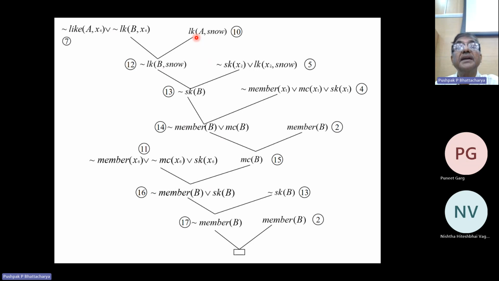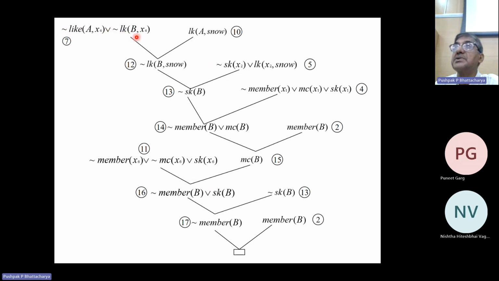So see here, like A snow and not like A X4 or not like B X4 are resolved together, giving rise to the clause not like B snow. Just remember unification from a logic course. Here X4 gets bound to snow. So we get like A snow and not like A snow or not like B snow.